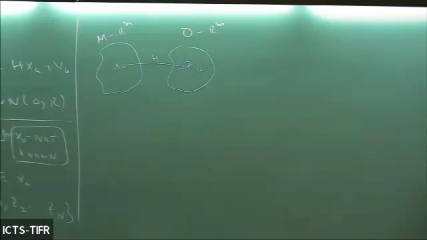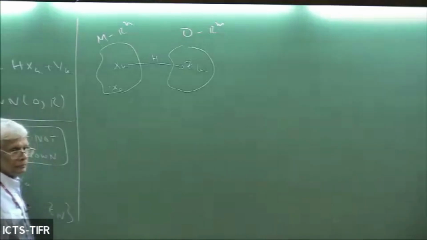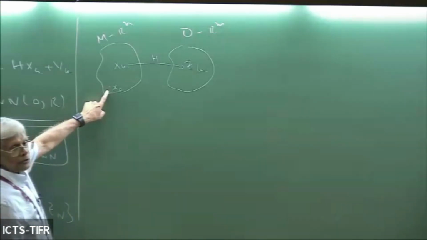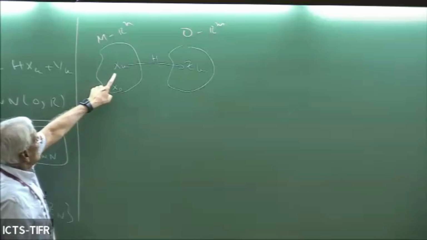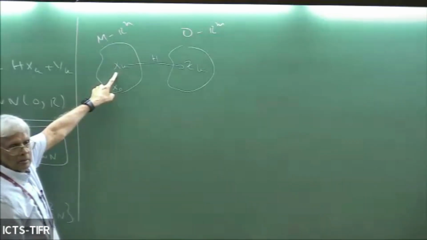zk contains information about xk. And xk evolved from x0. So this is the guy everything started from. I got here after running through the model k times.